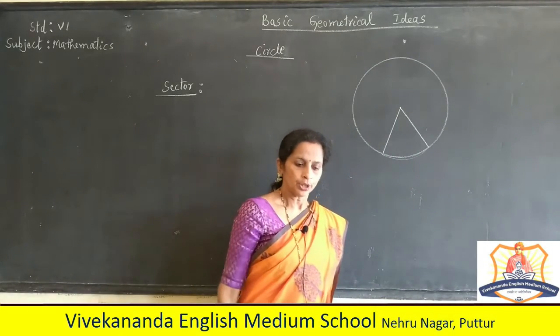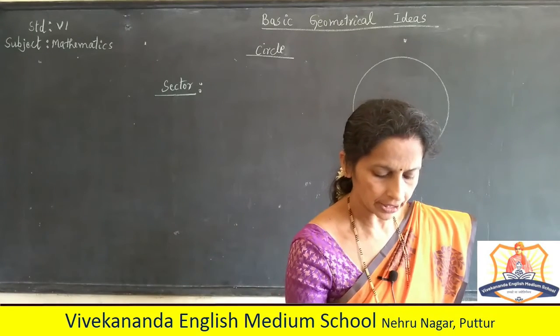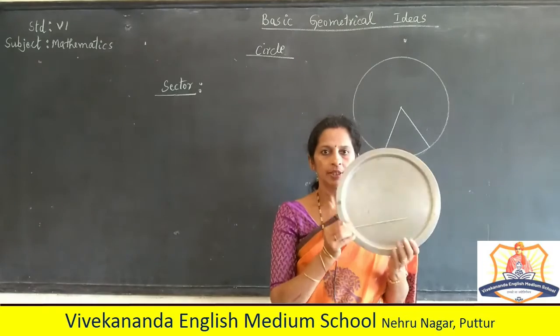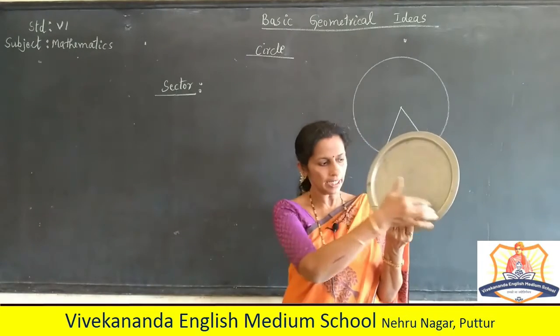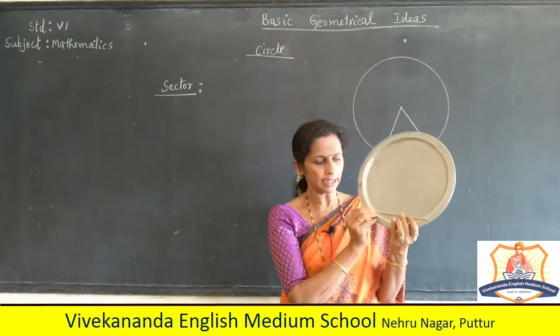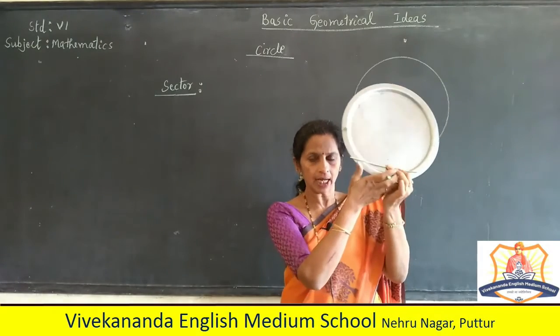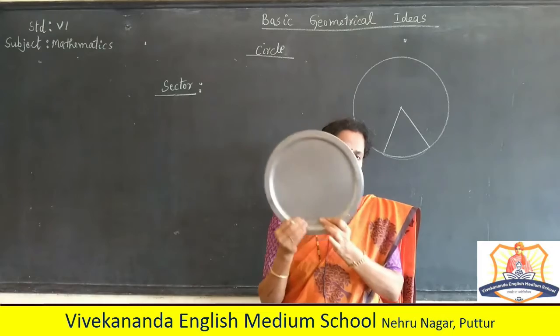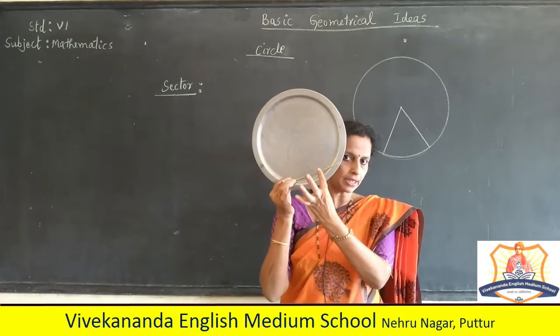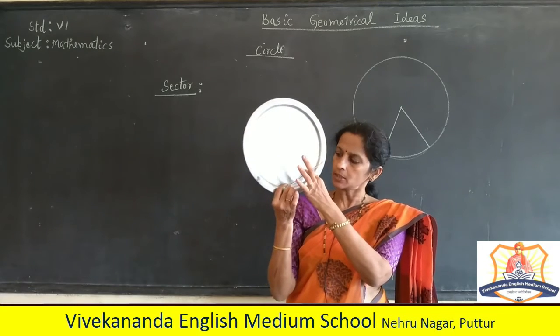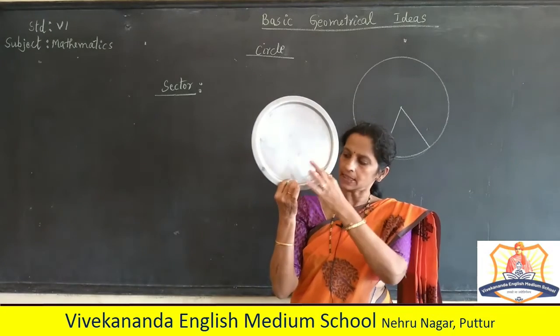Now, sometimes some of you may cut the cake like this at the edge. Here you can see the area bounded by this stick and the arc of the circle, and you are removing this part from the cake. So what do we call this?